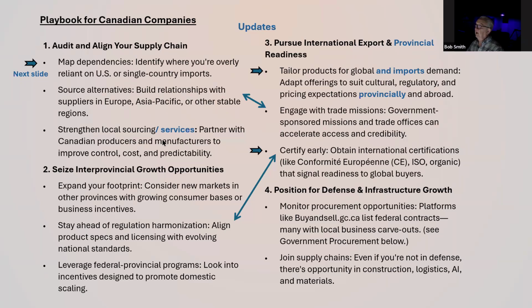Here is seizing, and this is a big one, and I've been playing with this chart a few times, is interprovincial: stay ahead of the regulation harmonization. But I think what you'll find is a lot of that will be very common with other international certifications.